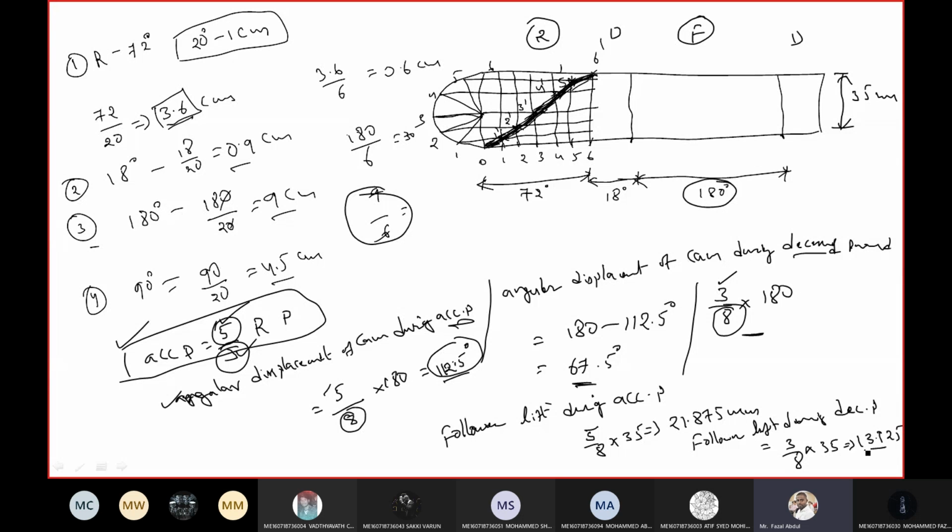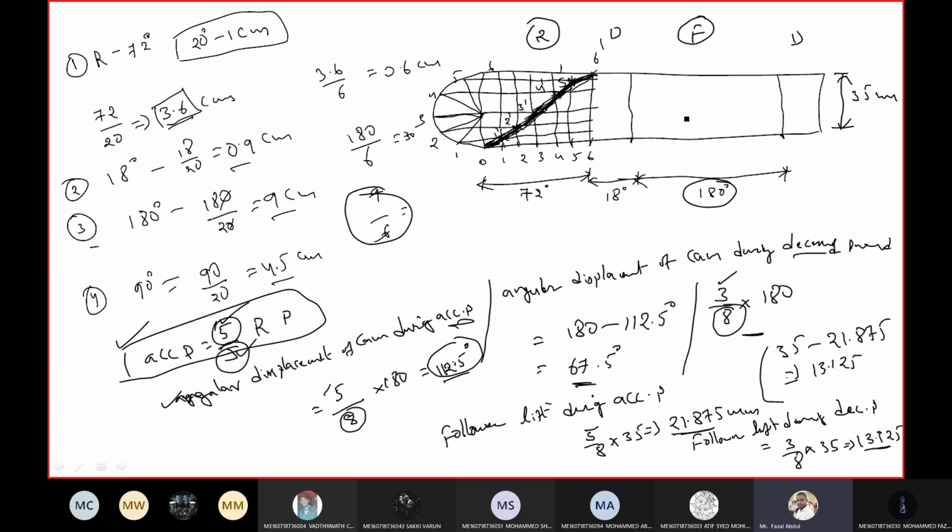This value we can also calculate like this: the 21.875 we got, the total is 35, so 35 minus 21.875, if you subtract, you will get the same value, 13.125. I calculated this total procedure here in order to divide this third box.